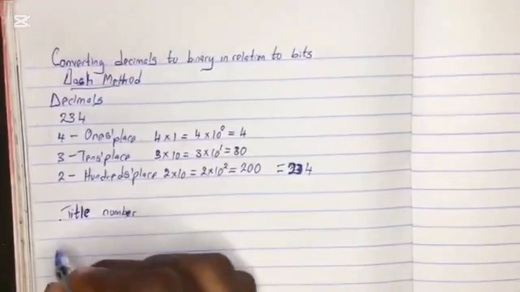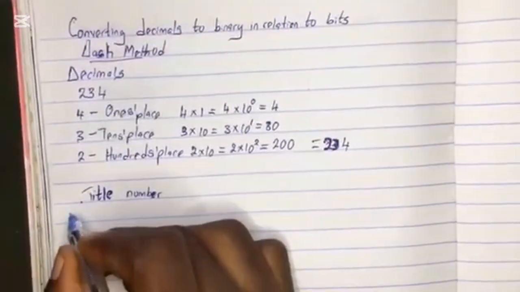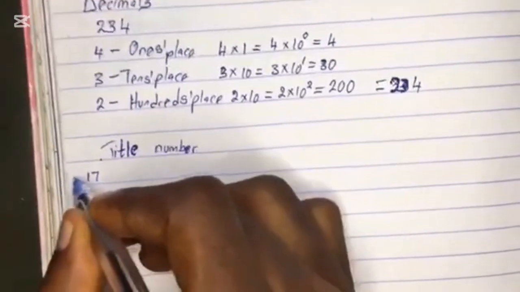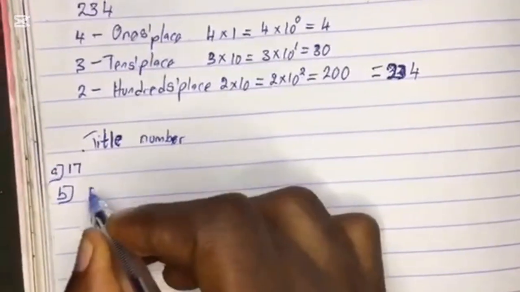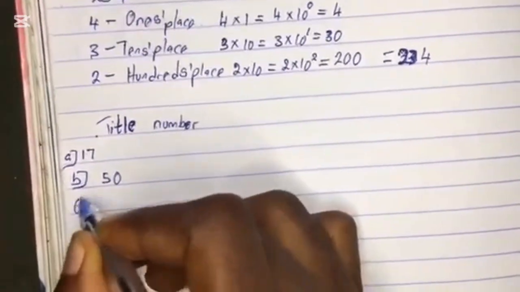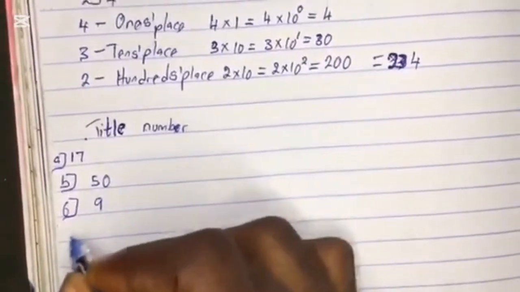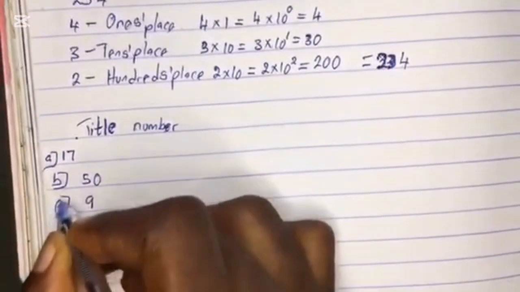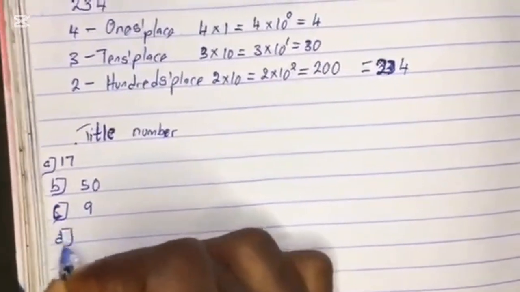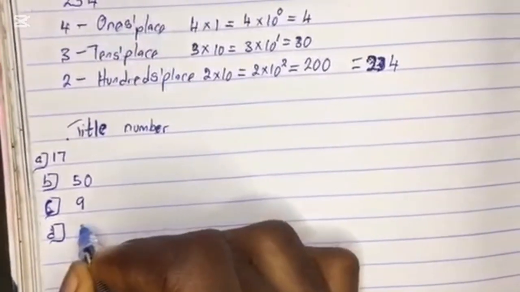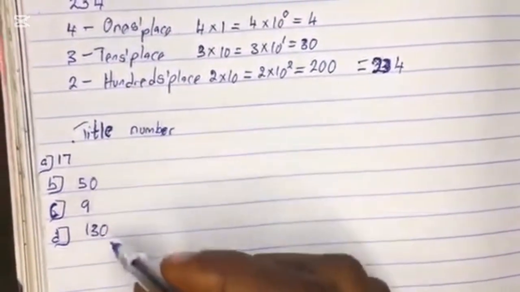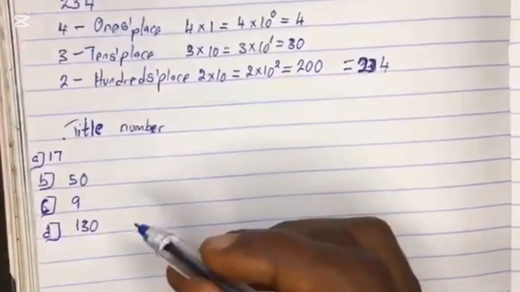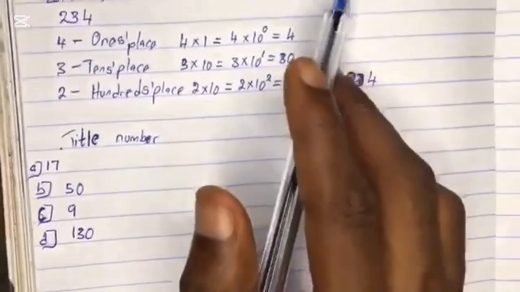Let's say we're given a series of title numbers: A is 17, B is 50, C is 9, and D is 130. We've been asked to convert all of these to binary, but we're going to do this in relation to bits.